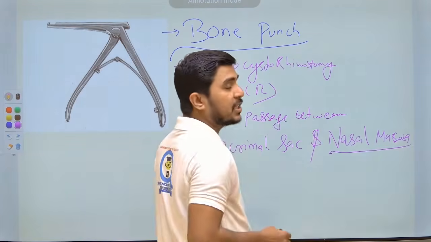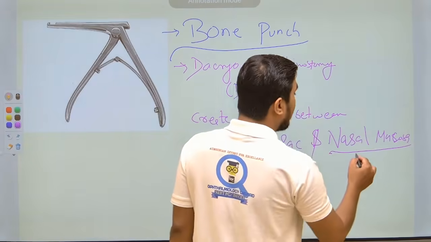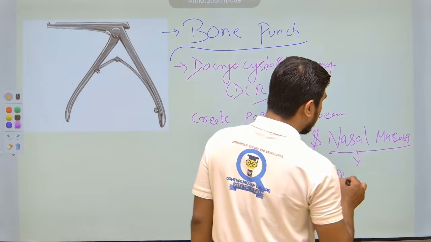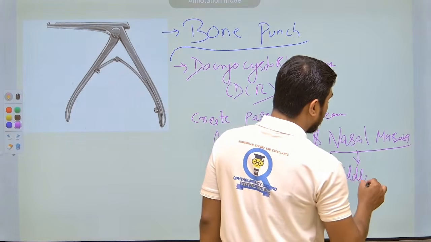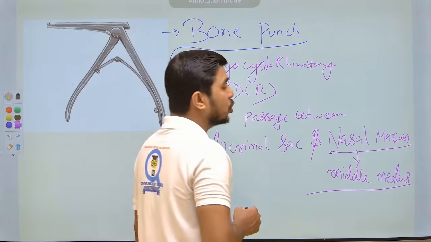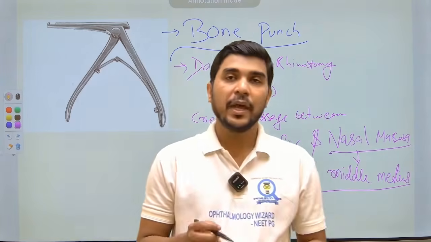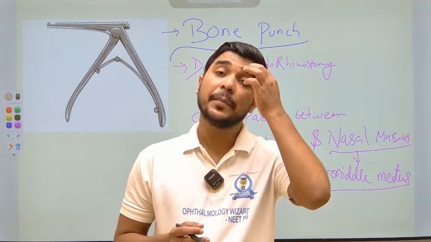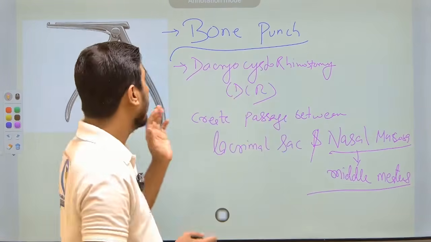But where in the nasal mucosa? Middle meatus, understood? So this is about the bone punch.